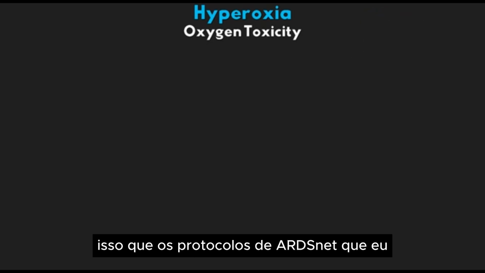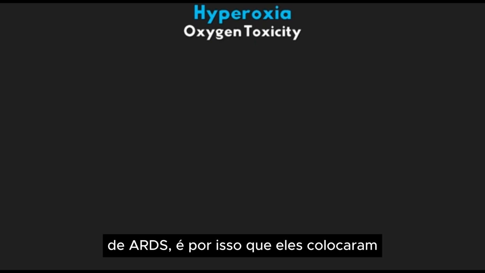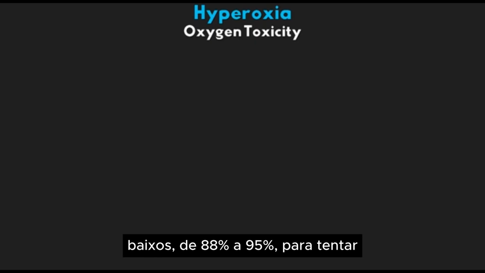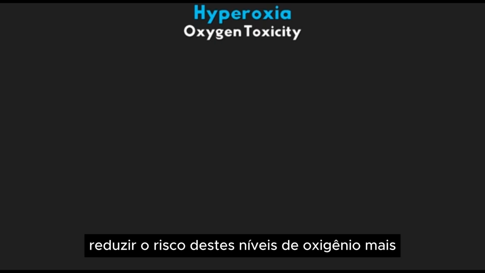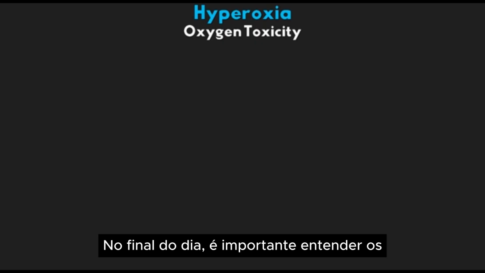This was to try and reduce the risk of these higher oxygen levels. At the end of the day, it's important to understand the risks that come with it, and that high levels should really be avoided when possible. Unfortunately, this is not always the case, and the need for oxygen in the presence of hypoxia must be weighed against the risks of using such high levels.